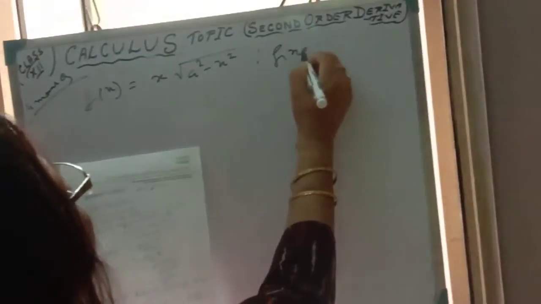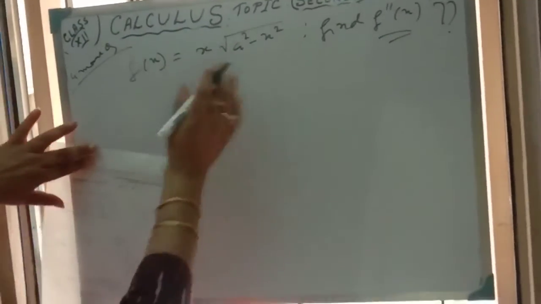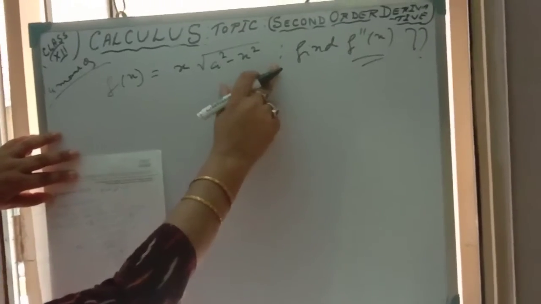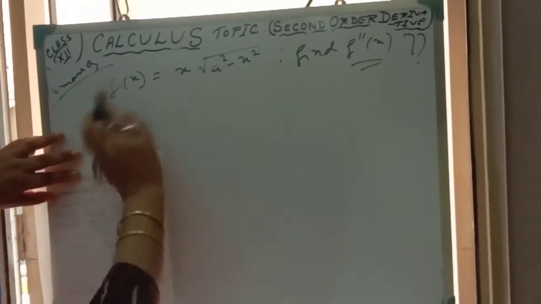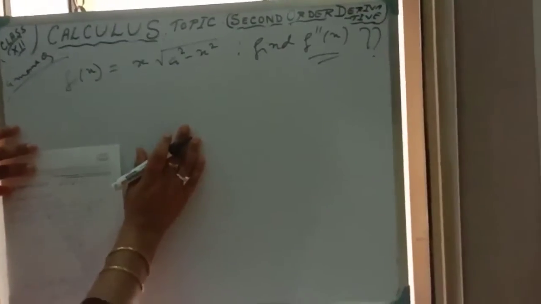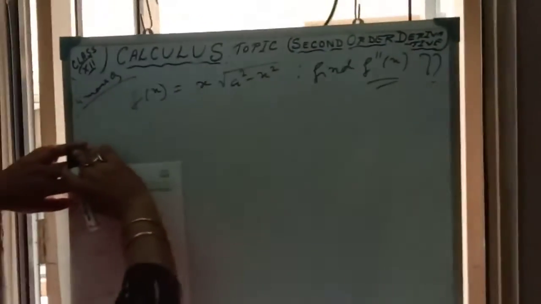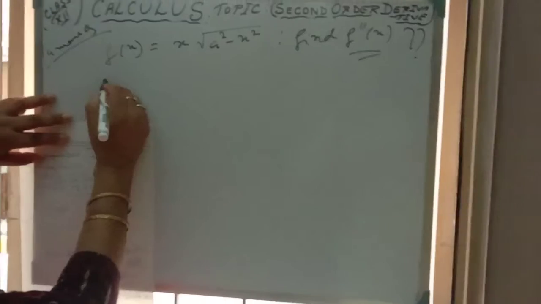Question is the same, find f double dash x. Okay, now f(x) equals this, which is given to us. Since this square root is there, at first we have to square both sides. Just find the square part, that means f(x) whole square.